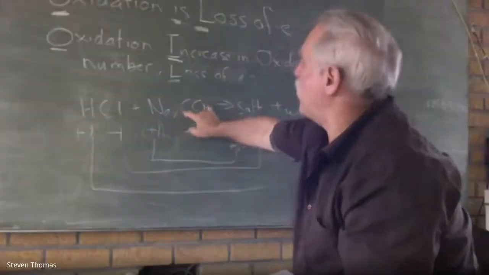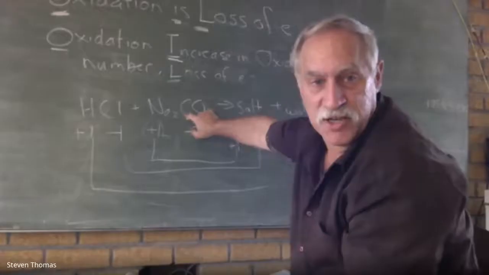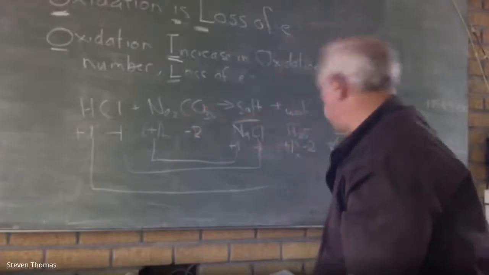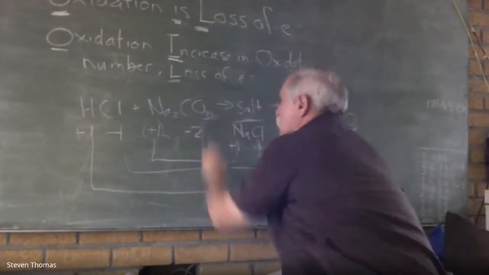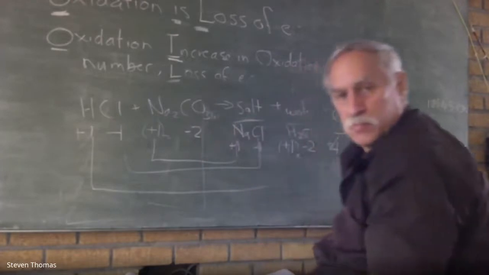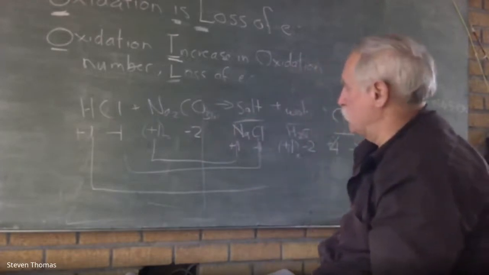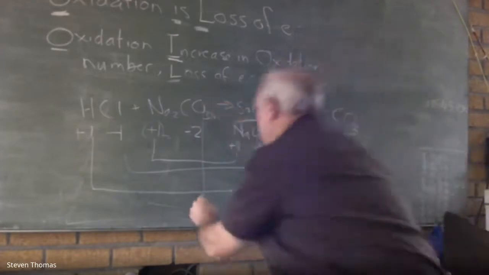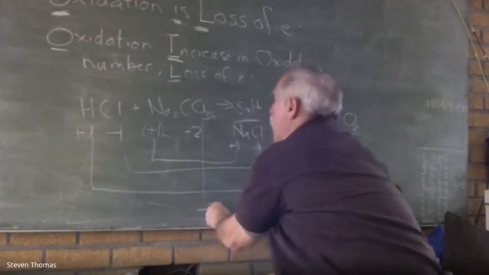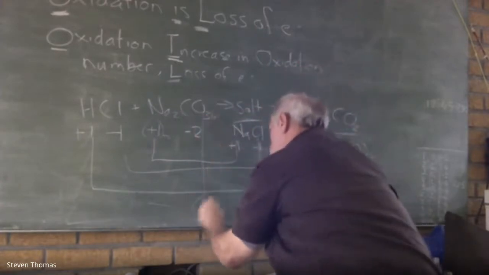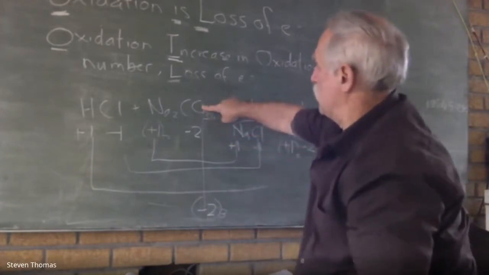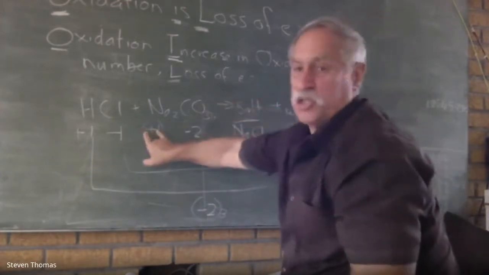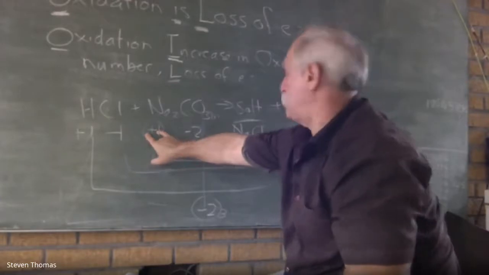Okay, let's work out the numbers for CO3. What would CO3 be? What is the oxygen here? Minus 2. And there's 3 of them, so that makes minus 6, which is cancelled out by 2 sodiums, which is plus 2.